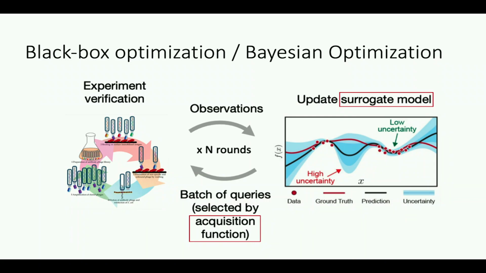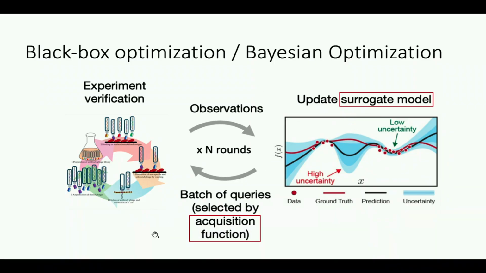But there's also a batched BO setting where, because it's too expensive to query one point and wait and then do another experiment, it's usually much easier if you do things in batch. So in the batched BO setting you have to query k points instead of just one point at each round, and you also want to hedge your bets over these k points, basically diversify your k points such that you don't spend repeated effort on similar points.